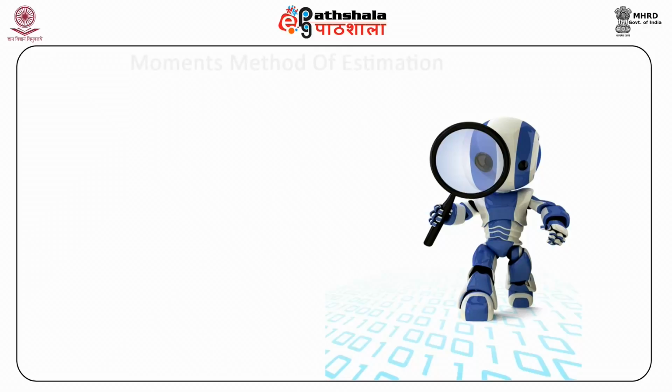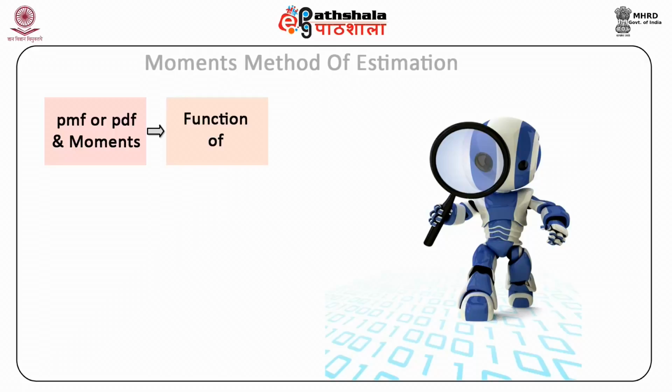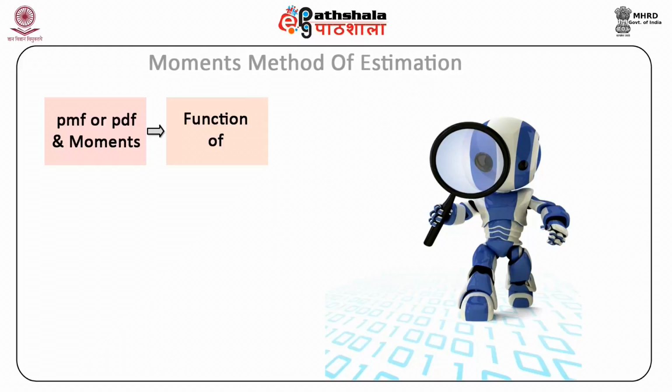The probability distribution of the population, whether it is a discrete distribution with probability mass function p(x) or a continuous distribution with probability density function f(x), is a function of the population parameters. For example, the PMF of a binomial distribution is a function of its parameters n, the number of independent trials of the experiment, and p, the probability of success.